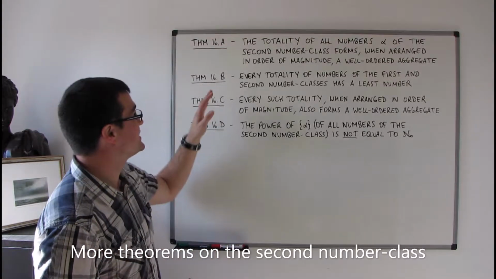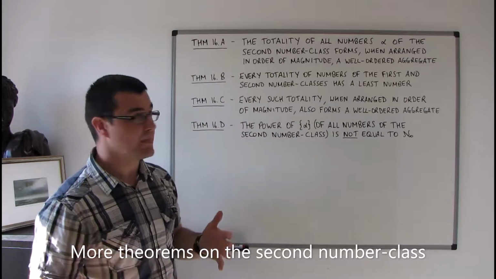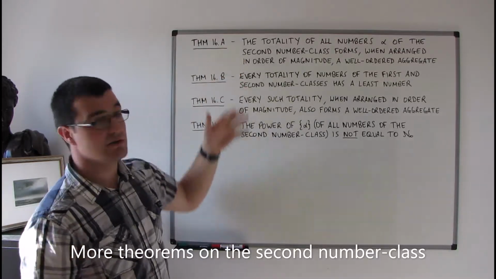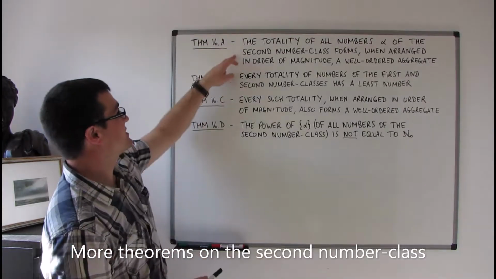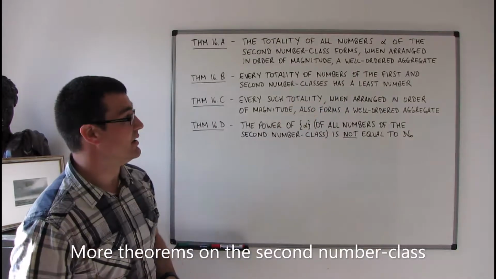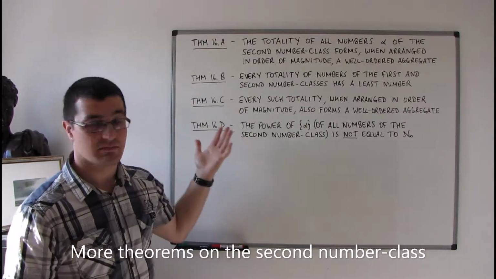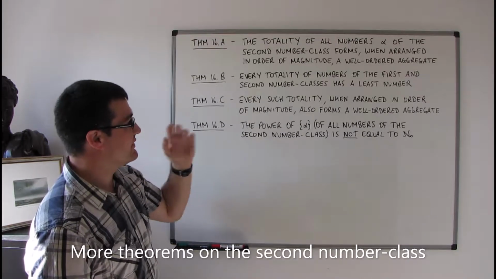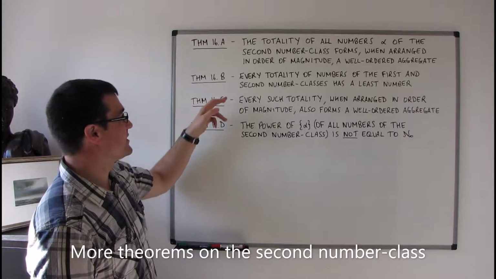I'm not going to prove this, but we have already remarked that the second number class is a simply ordered aggregate, and this theorem confirms that it is a well-ordered aggregate as well. And then from that, theorems B and C are fairly straightforward conclusions that we can make.